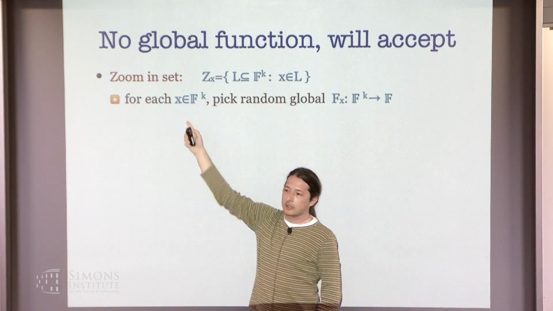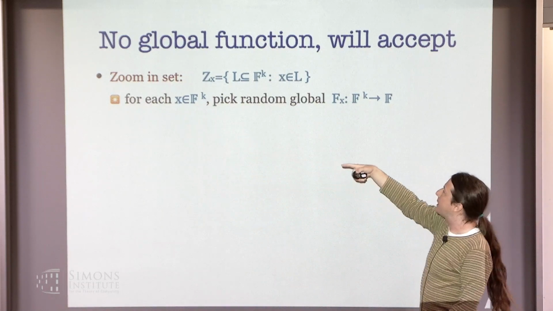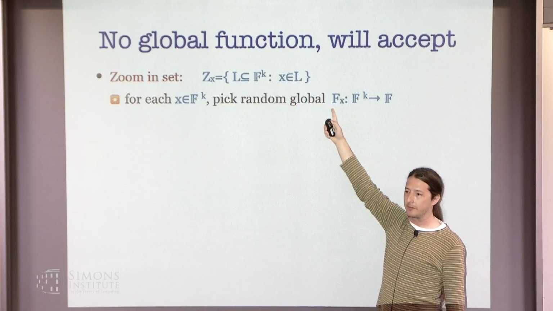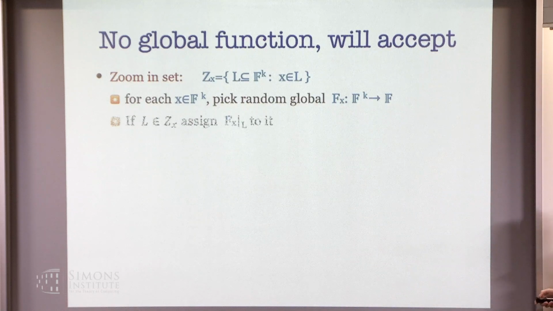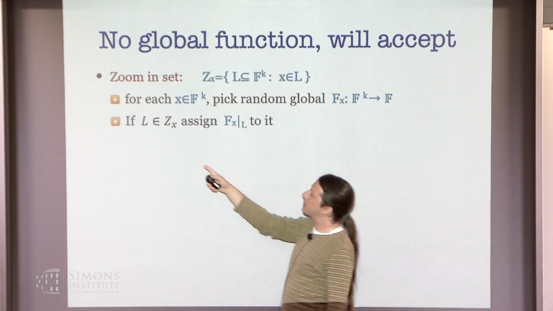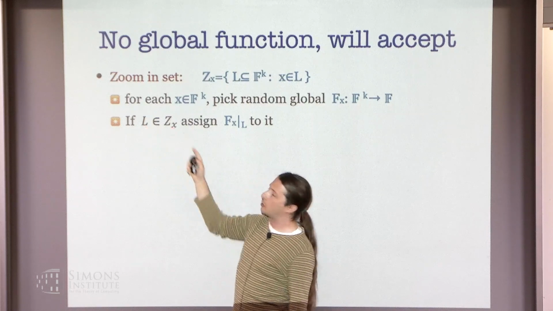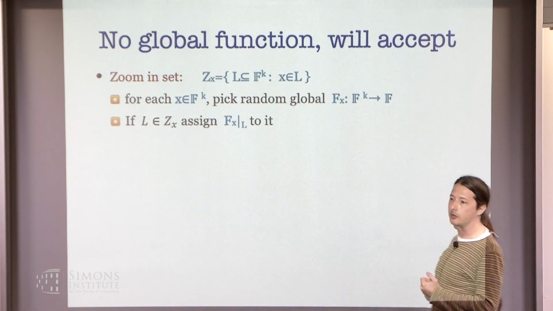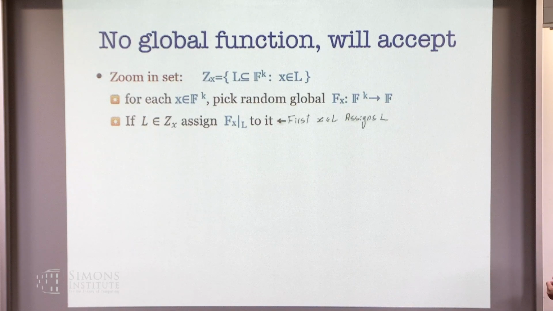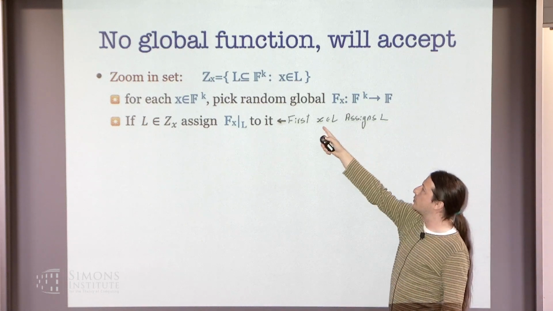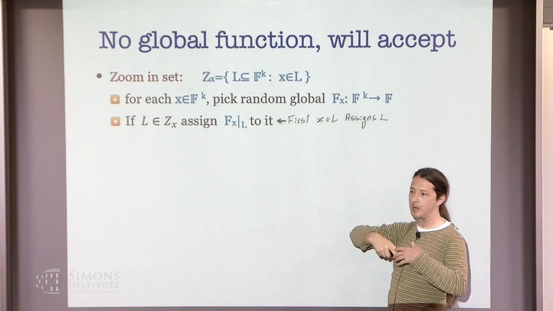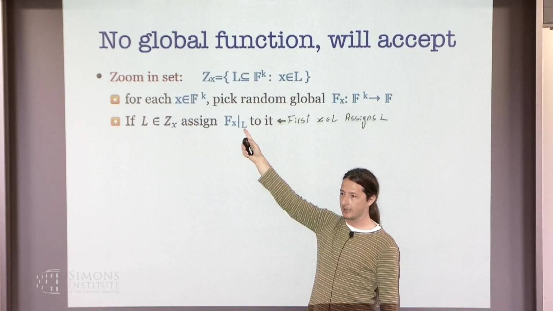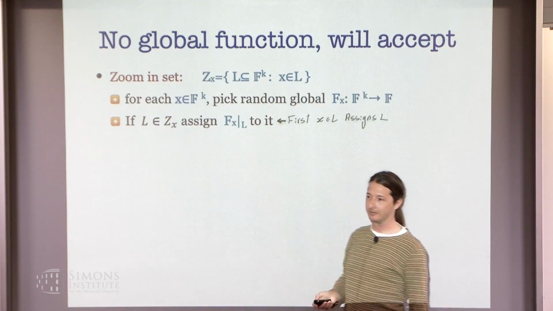For every x in the original big domain, pick an arbitrary global linear function f of x, randomly. And then for every subspace L that contains x, just assign it the restriction of fx. Actually, you need to sort all the x's in some arbitrary fashion, and then the first x that is also contained in L gives the assignment to L.